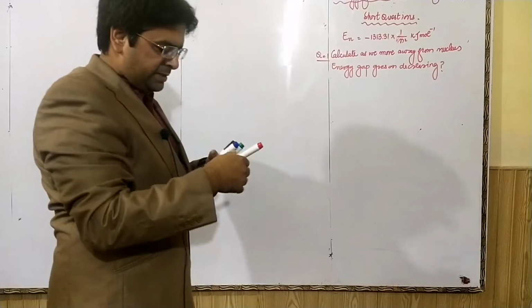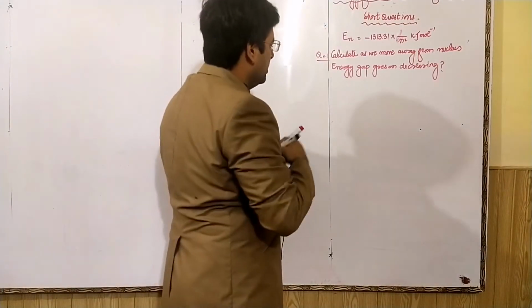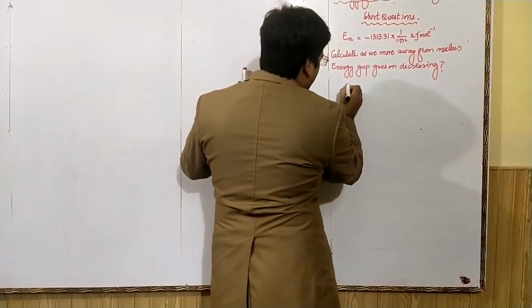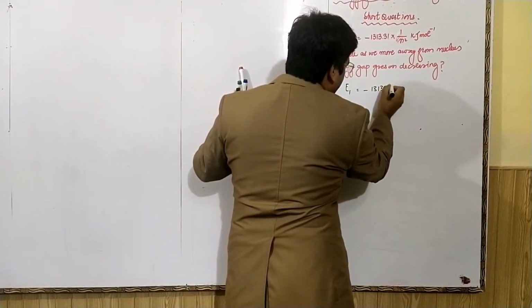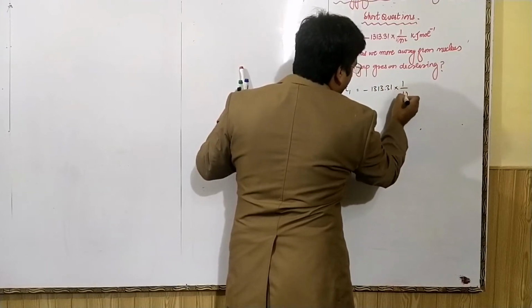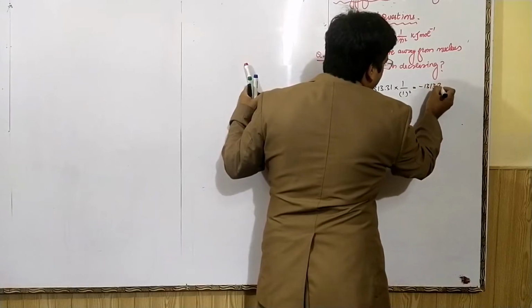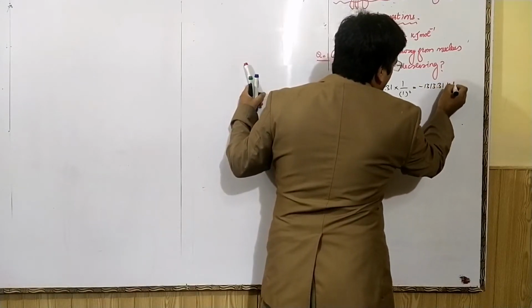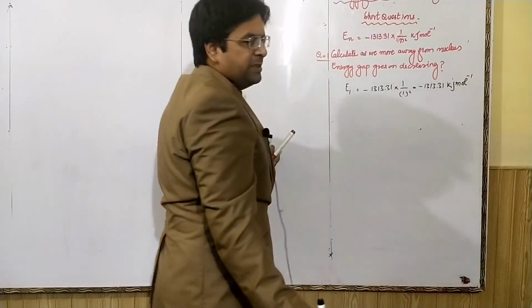Question number 1, the answer is: the energy of first shell would be minus 13.31 into 1 over 1 square. That will be minus 13.31 kilojoule per mole. This is the energy of first shell.